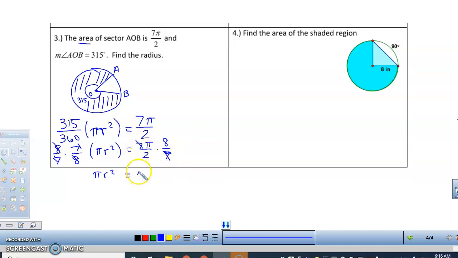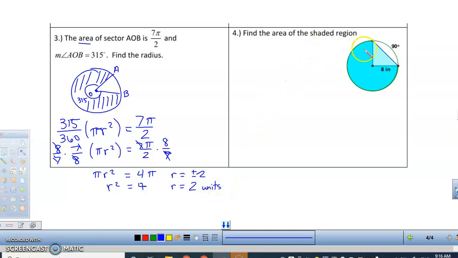So that's going to be 4, and then pi. Okay, now this is why we leave things in terms of pi, because now I can divide both sides by pi. So I end up with just r squared is equal to 4, and then you have r equals, again, officially it's plus or minus 2, but for geometry, we only care about the positive length. We don't have a unit, so it'd be 2 units.